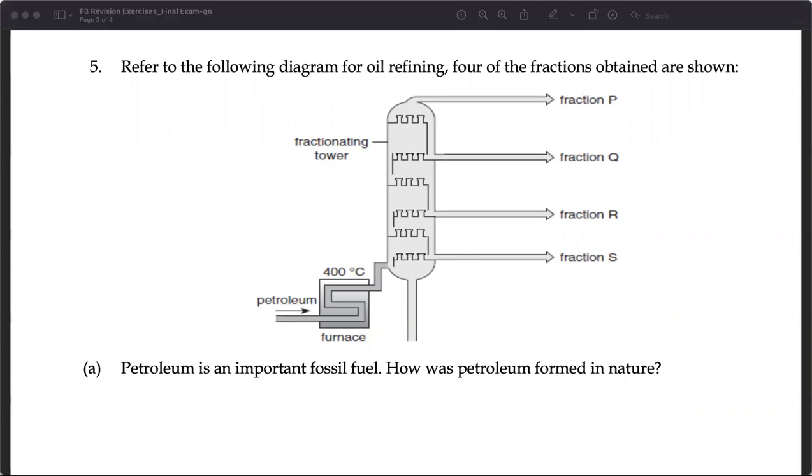So how can we talk about this? If it is talking about how it was formed, we should answer this way. The petroleum is formed from the ancient dead animals and plants' bodies.